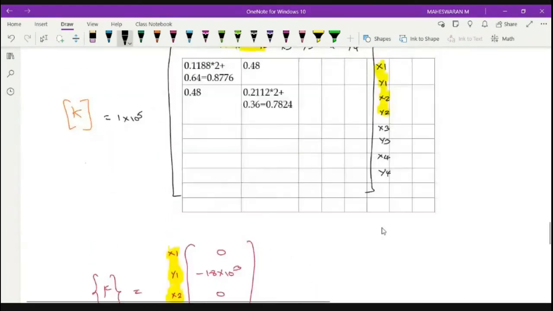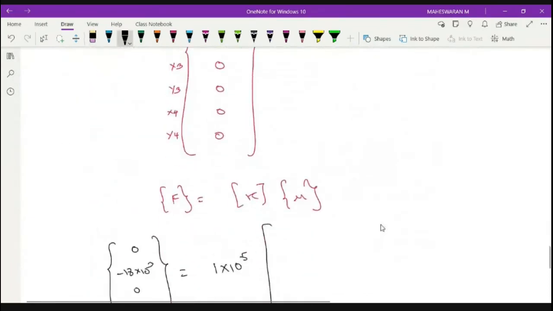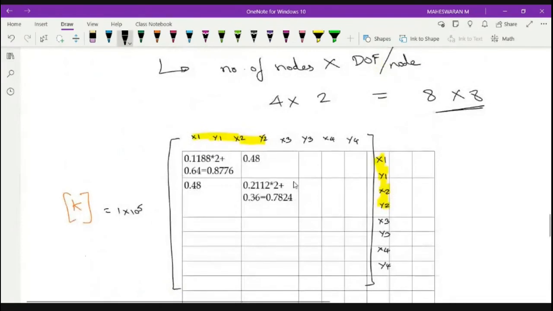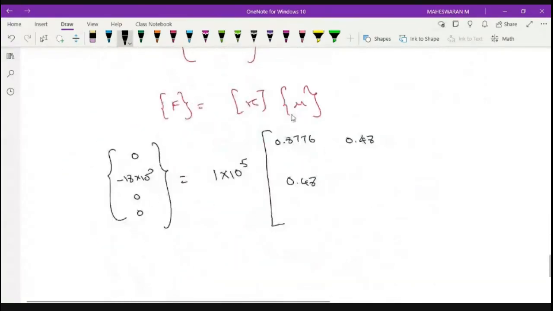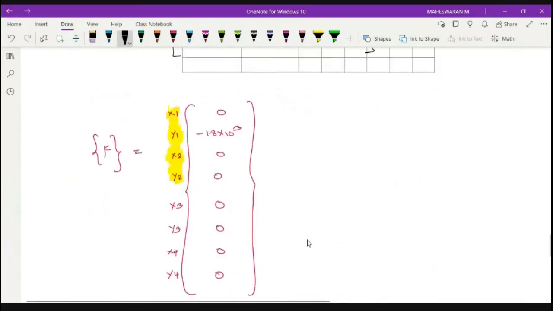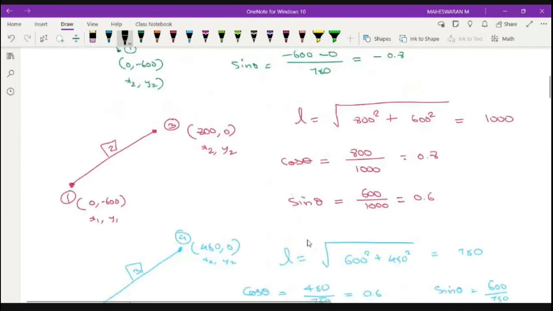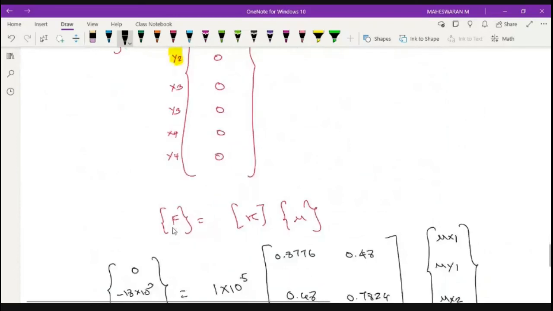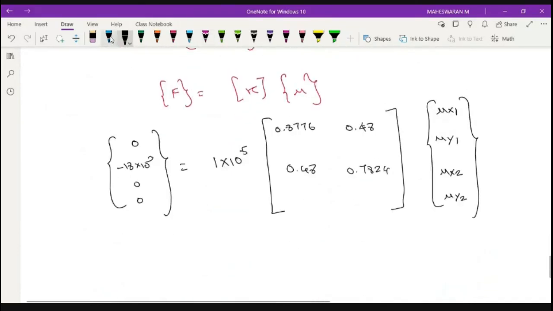This will be 0.8776, 0.48, 0.48 and 0.7824. Sorry, I'm confused a little bit. In that case, you have only two, right?